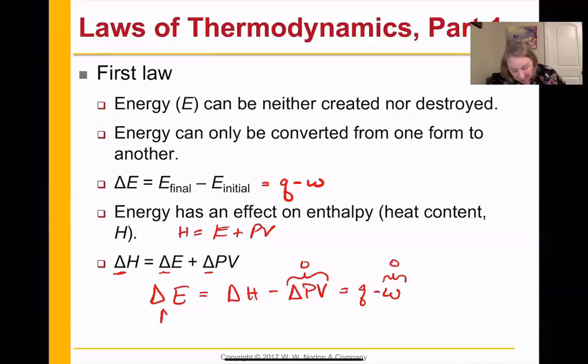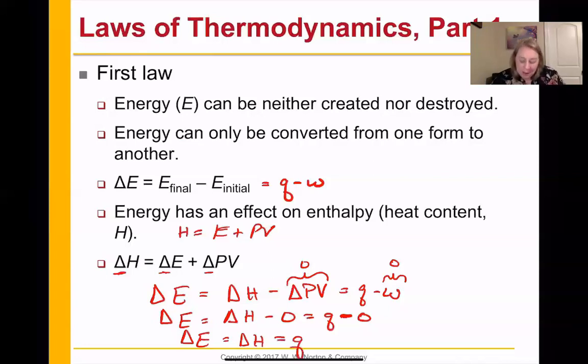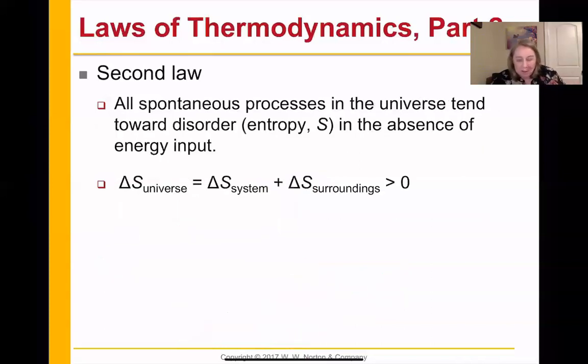So we can combine this and say delta E is equal to delta H minus 0, which is equal to Q minus 0, right? So then when we simplify, delta E is equal to delta H, which is equal to Q, right? So this is just biological systems if you're taking into account no change in pressure or volume.